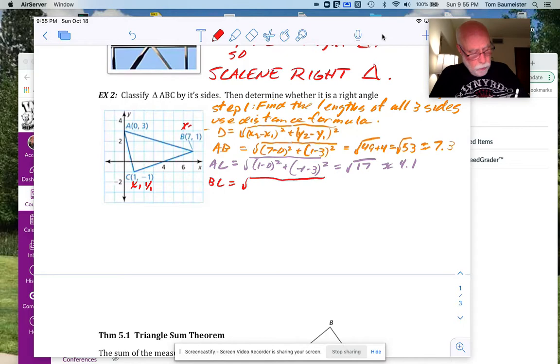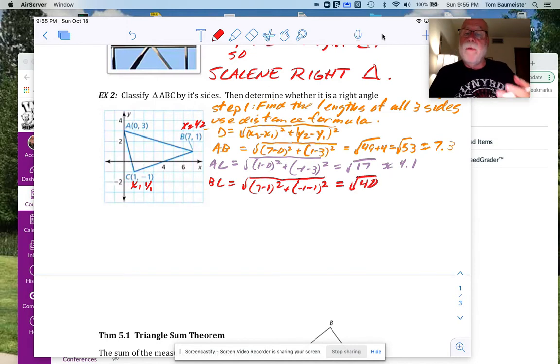This one here, x2, y2. So then I'll have 7 minus 1 quantity squared plus negative 1 minus 1 squared. Again, if you work that one out, you'll get the square root of 40.